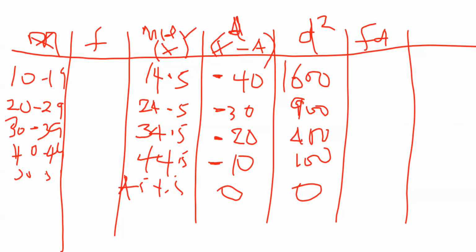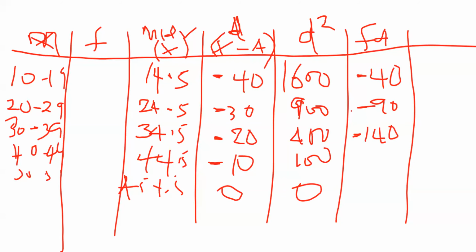The first frequency is 1. 1 times minus 40 is minus 40. The second frequency is 3. 3 times minus 30 will give us minus 90. The next one will be 7 times minus 20. I'll get minus 140.